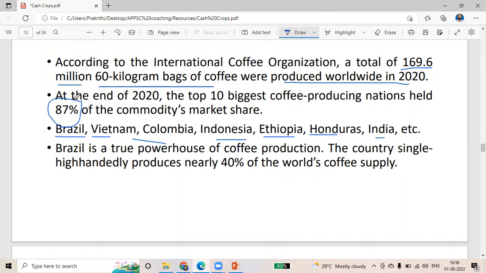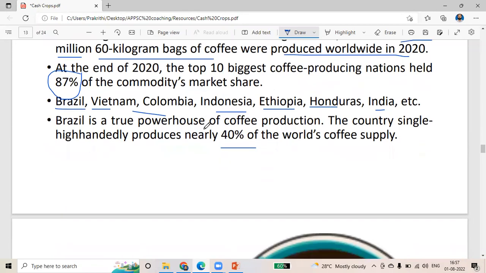And out of this, 40% of the world's coffee is supplied from Brazil. So 87% is from the total 10 countries, and out of that, 40% is provided by Brazil. That is the relevance of Brazil, leading in coffee production.